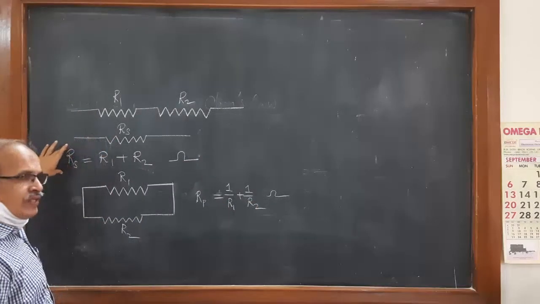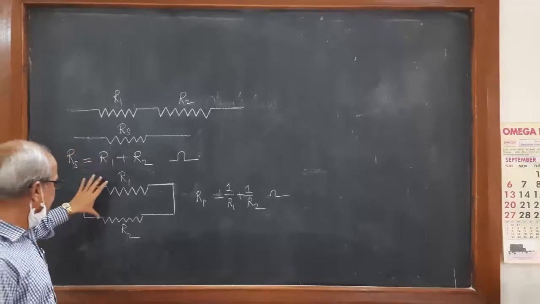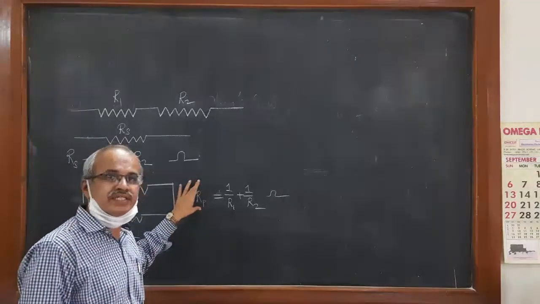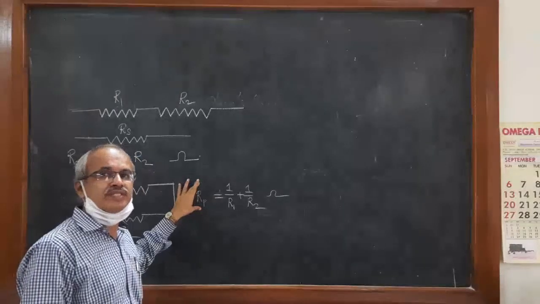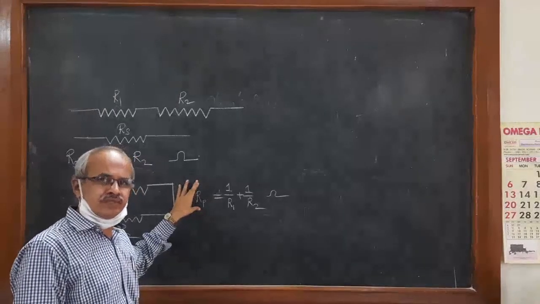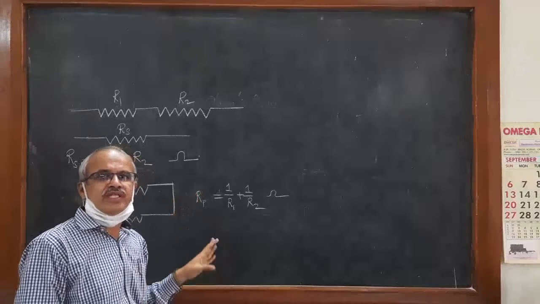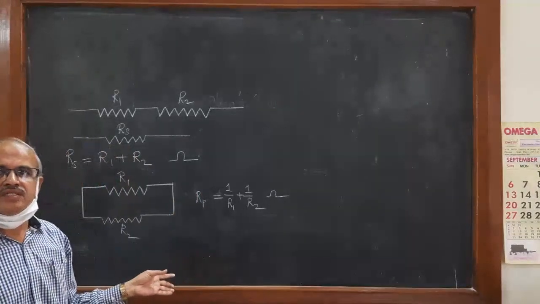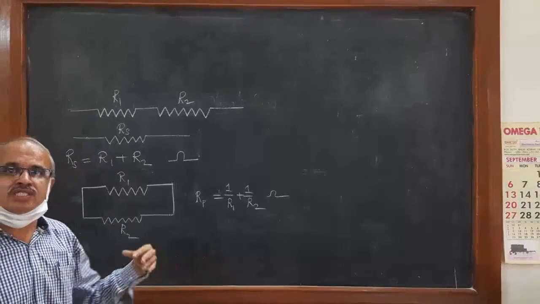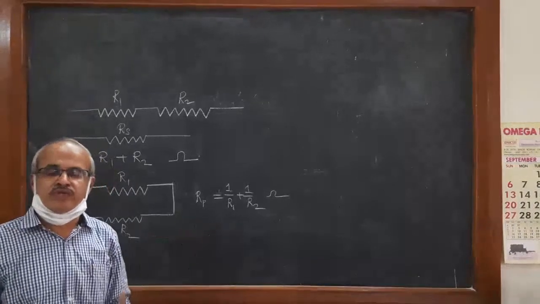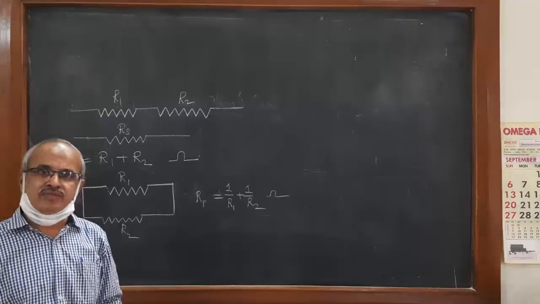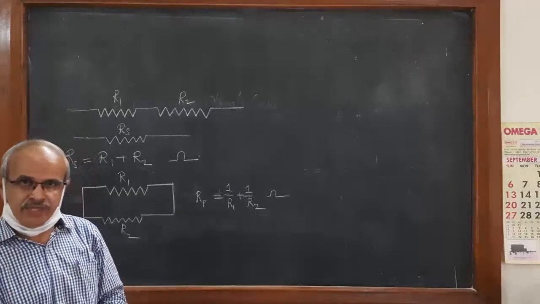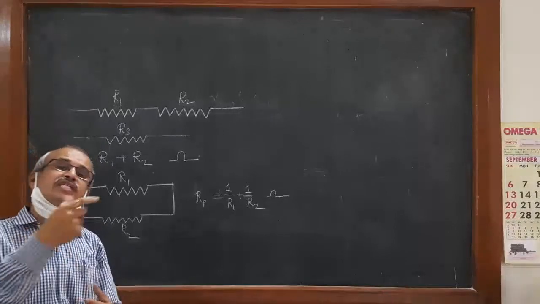If you connect the resistances in series, the equivalent resistance value increases. If you connect them in parallel, the equivalent resistance value decreases. Sometimes in electronic circuits you have to connect the resistances in series. Then the equivalent resistance is greater, so for a fixed value of voltage the current will be smaller because resistance is larger.